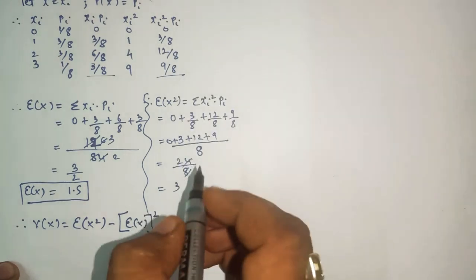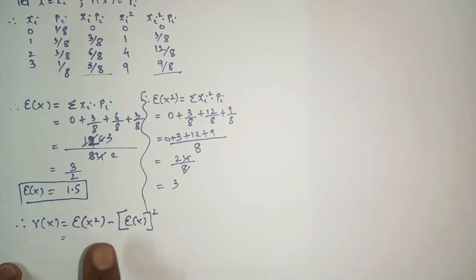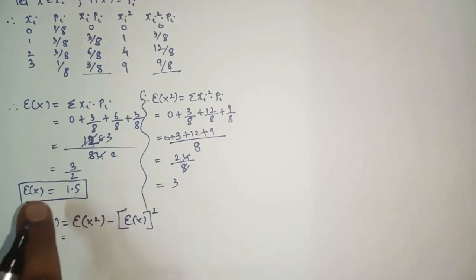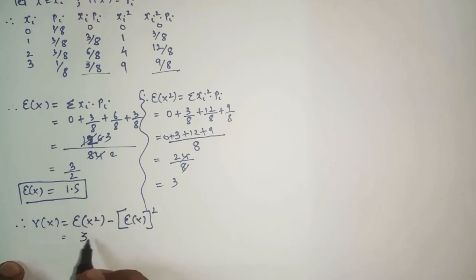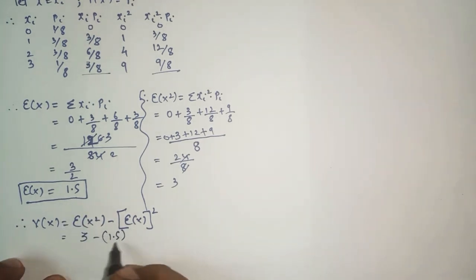Now, while substituting the values, be careful, as this is E of x square, and this is E of x. So E of x square is 3, E of x is 1.5, but it is the square of E of x, that means we have to square this number.